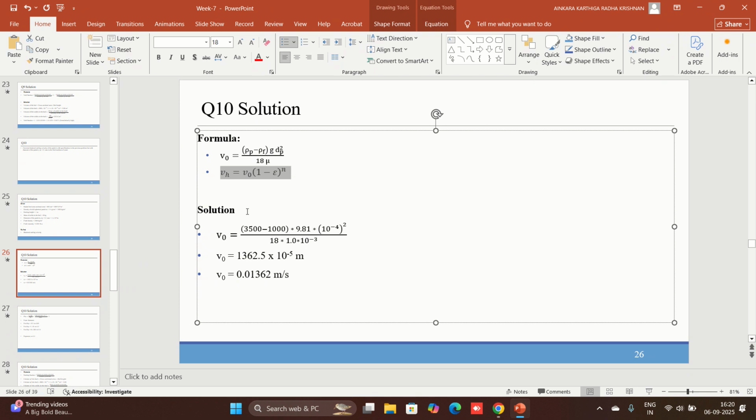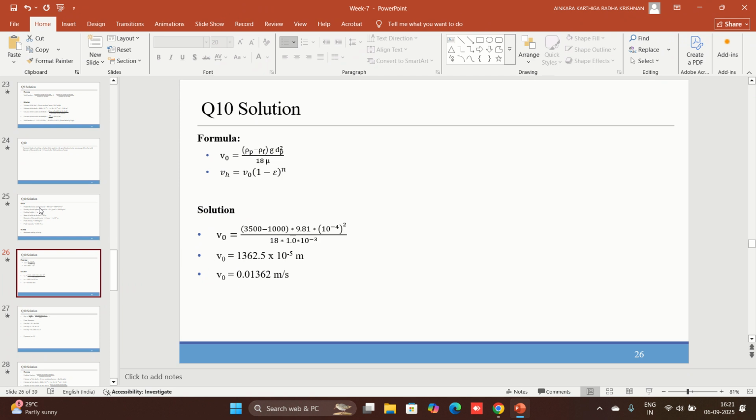So accordingly, we will substitute in the free settling formula: rho p is 3500 minus 1000 rho f, into 9.81 into 10 power minus 4, divided by 18 into 10 power minus 3.